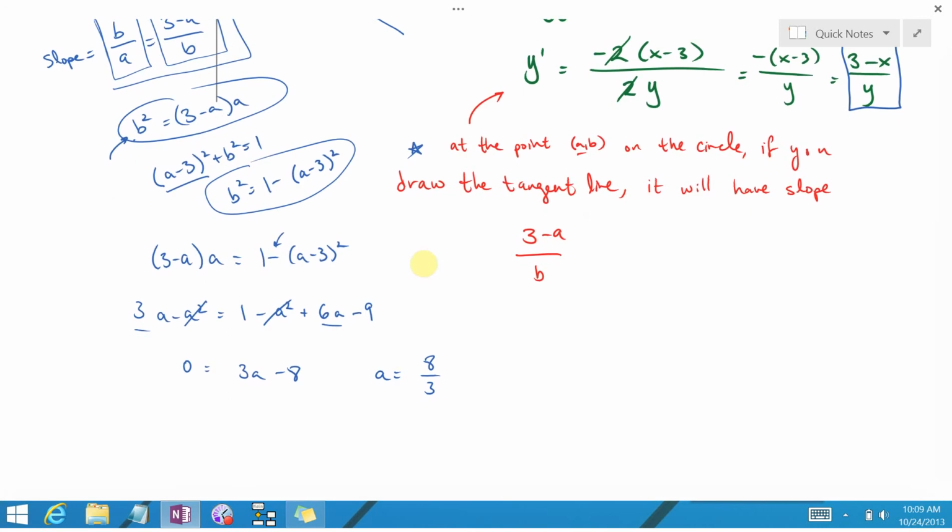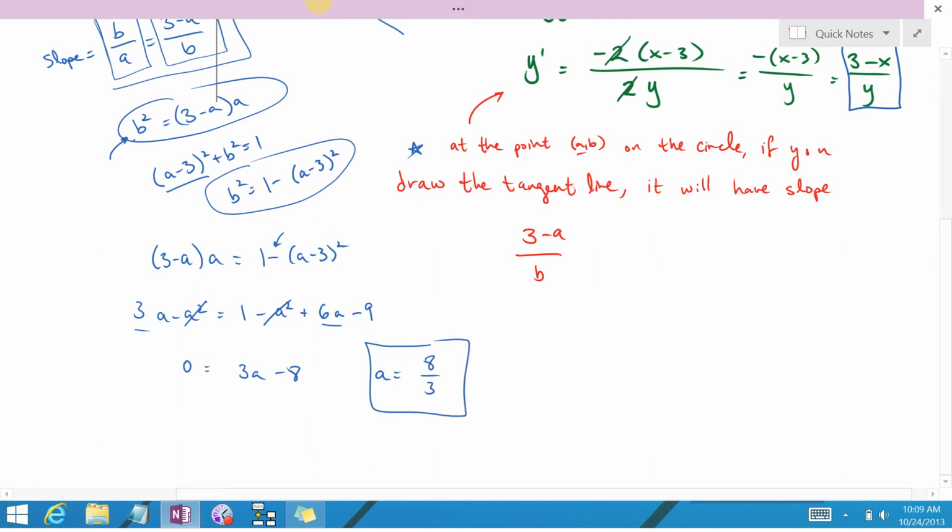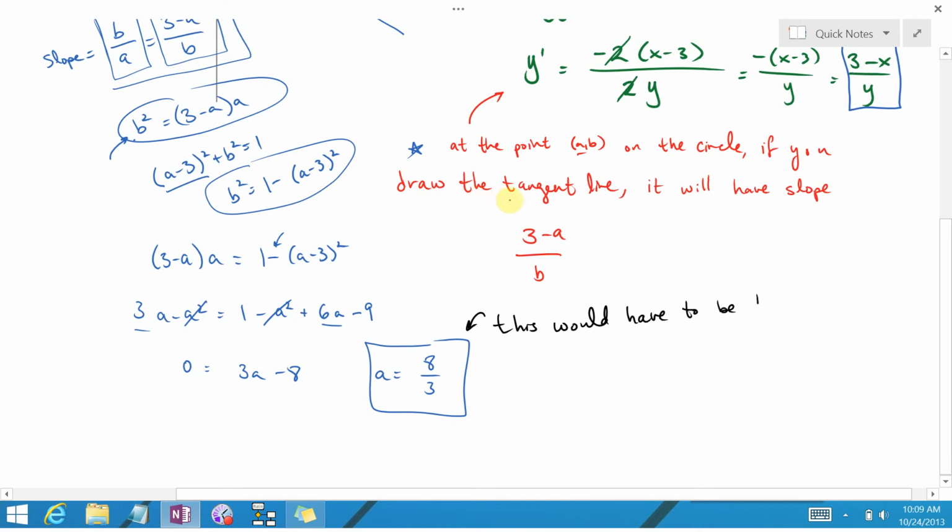So we know that then this would be the x coordinate. So let's just be very clear about what this thing is. This would have to be the x coordinate of the point on the circle whose tangent line, tangent to the circle at that point, passes through the origin.